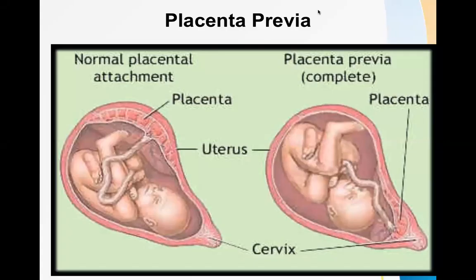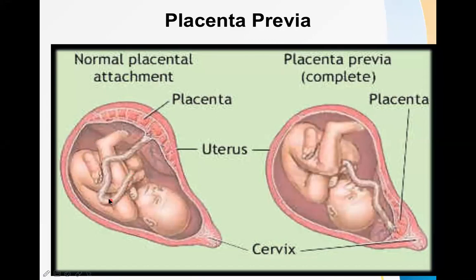Okay, so we are talking about placenta previa. Before the break, you know what's the meaning of placenta previa. Now let's look at the picture. See here very carefully, all of you. This is a normal placental attachment here. There is a baby inside the uterine cavity.